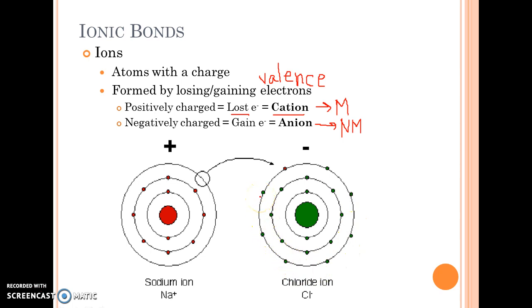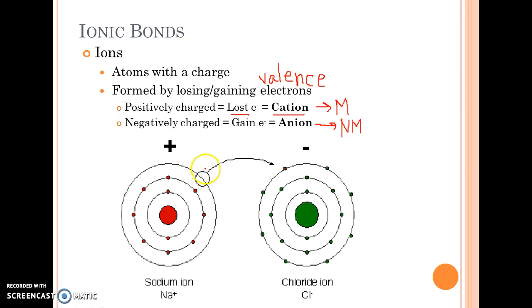It only needs 1 more to have 8, which is perfect because sodium had 1 electron in its outer energy level. So what's going to happen? Sodium is going to donate or give its electron to chlorine. Now both atoms are happy and stable with 8 valence electrons on their outer energy level.